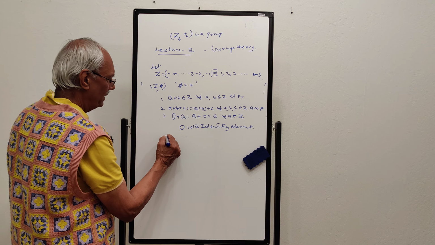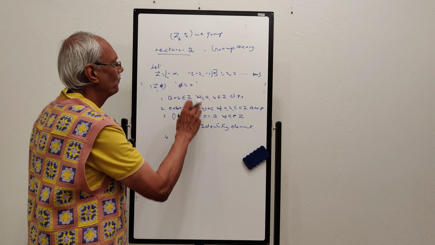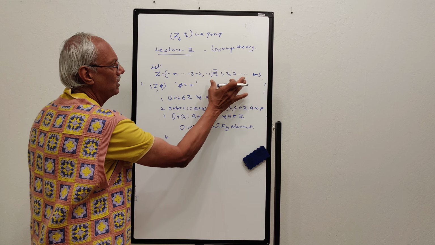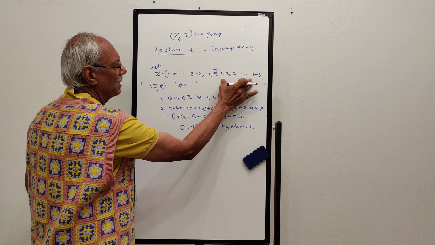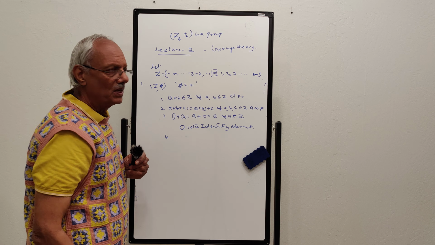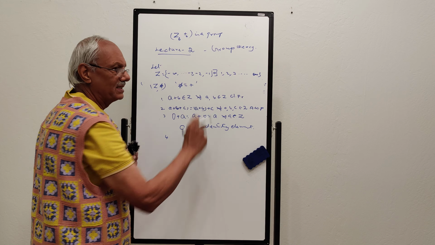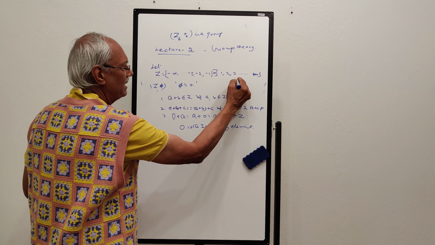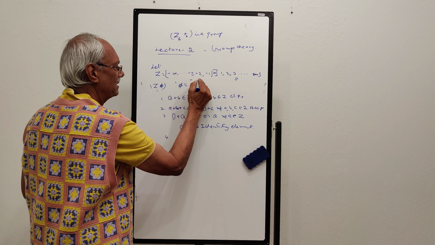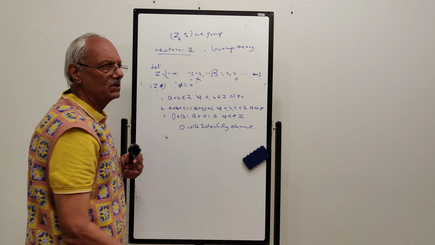Now, you will find the fourth property, a new property I am introducing. Leaving off this 0, you take any element here, and you will get a corresponding element on the left hand side, such that when the two elements are added, you get 0. That means you take any a here, you will find the corresponding minus a here, and a plus minus a is equal to 0.